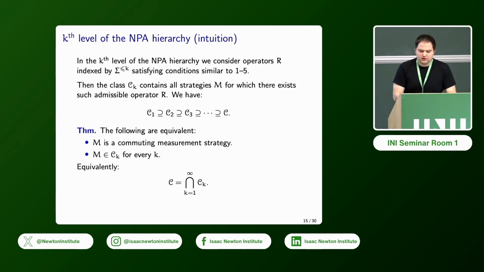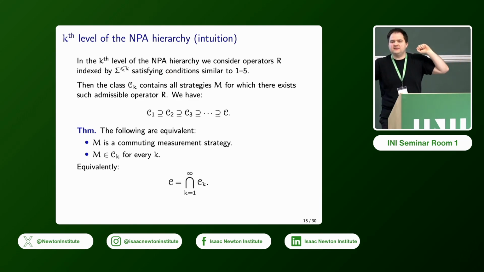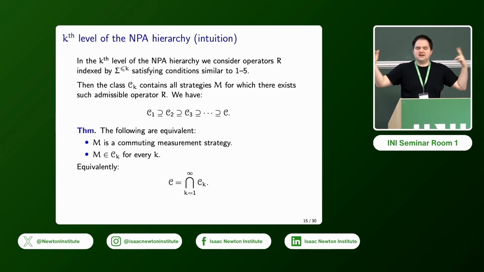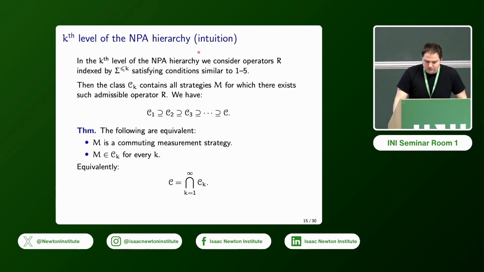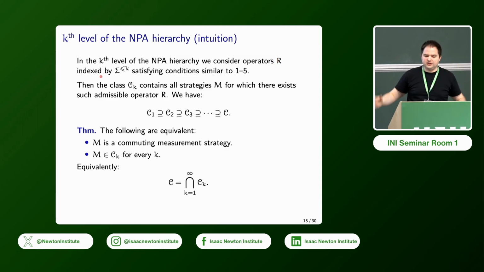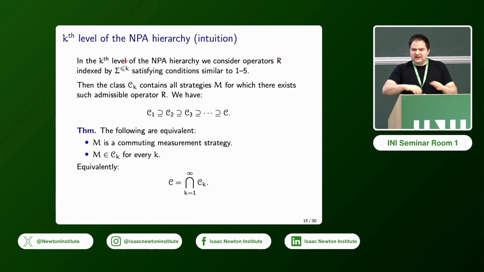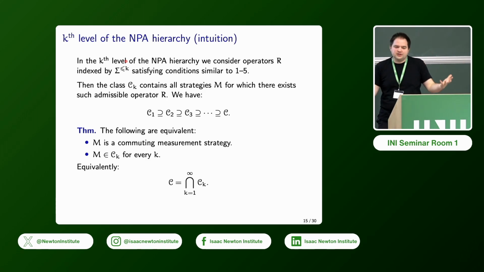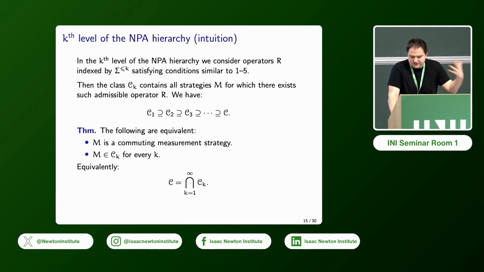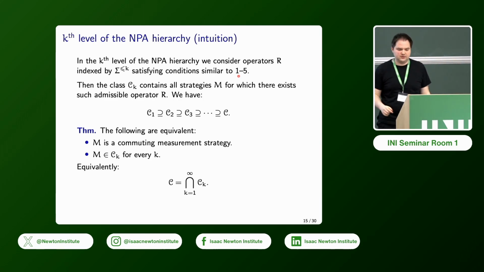And now we go to the next levels. Instead of considering strings of length 1 that we have there, we would consider strings of length k. Then we could consider these operators R indexed by strings of length k, also getting a lot of redundant entries, but also capturing what we want, satisfying some conditions similar to those that were listed.